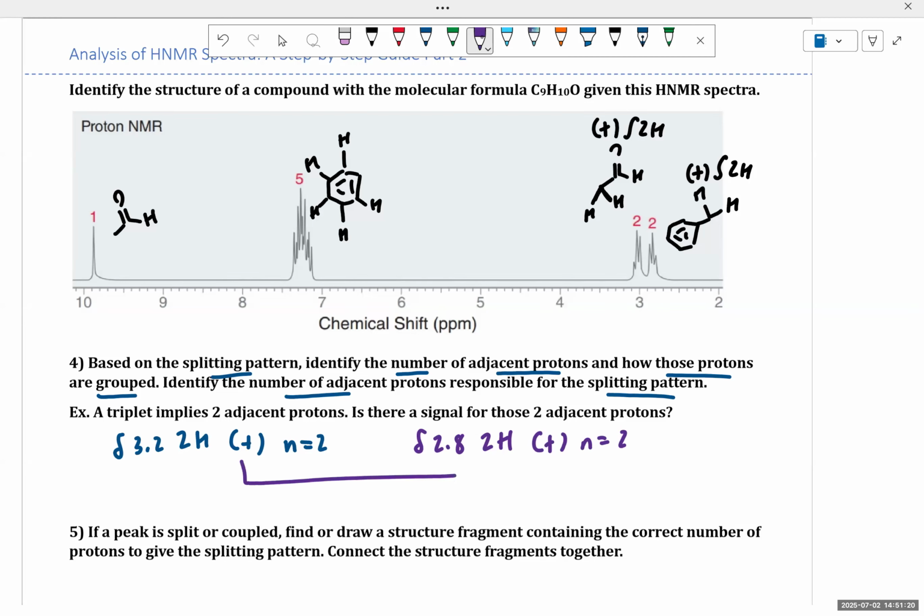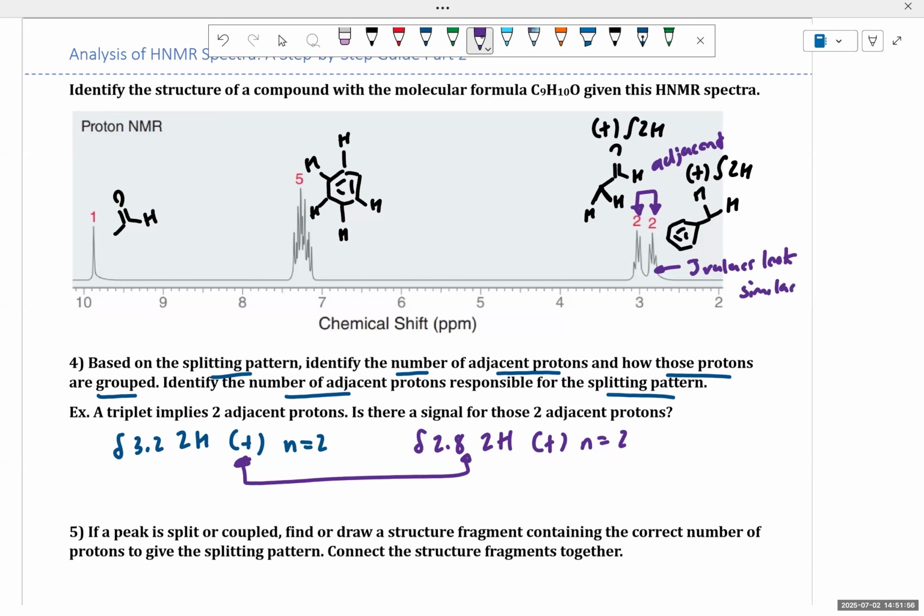As we can see, these two signals integrate for two hydrogens and are triplets, implying this set of protons has two adjacent hydrogens, and this set of protons has two adjacent hydrogens. Thus, based on the splitting pattern, we can assume that these sets of protons are adjacent. You can also see that by virtue of the fact that the J values look similar.